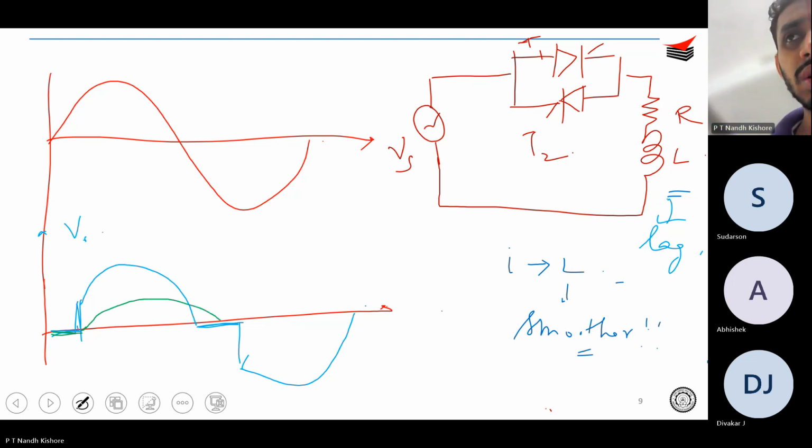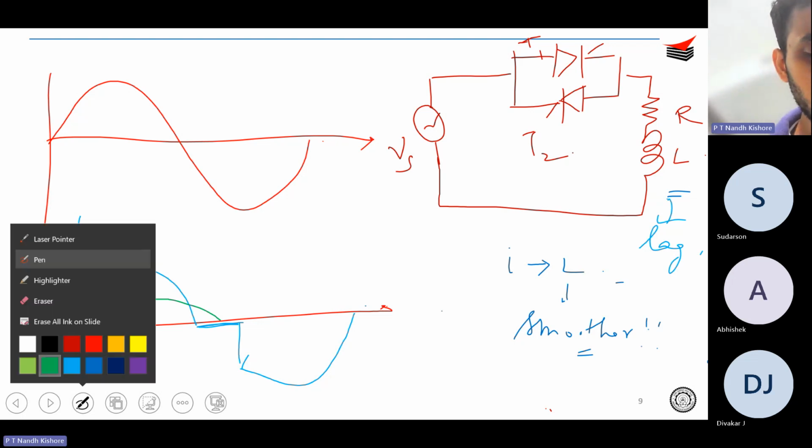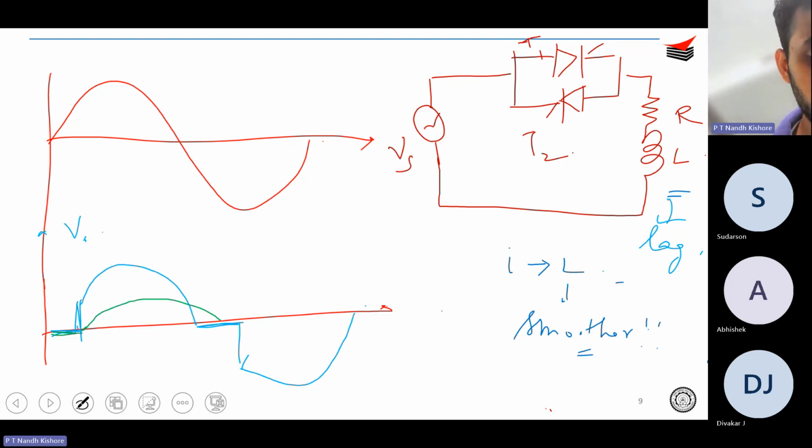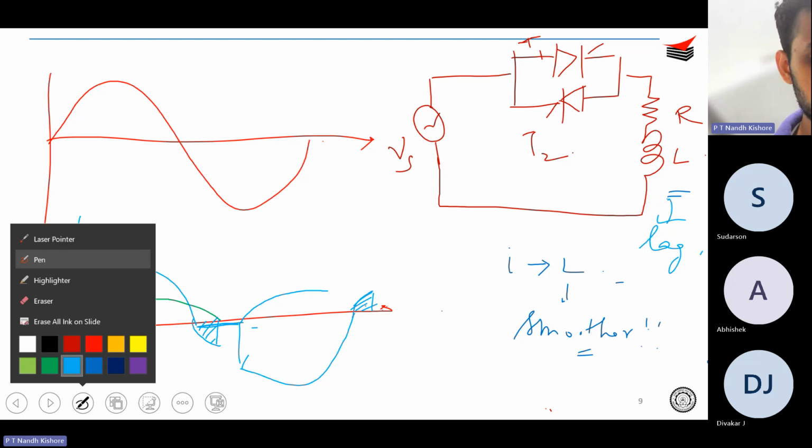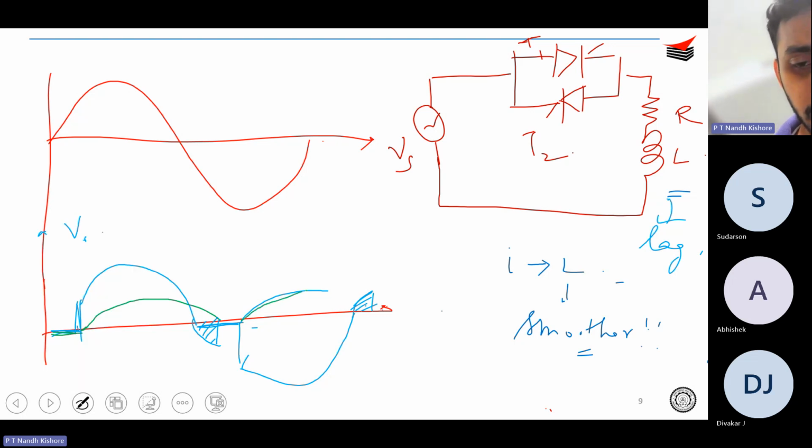So your output voltage is going to be something like this, correct? And this, right? It's the same as what you saw for full wave rectifiers. Your inductor current may end over here, and then again it will start from here and end over here, and so on.